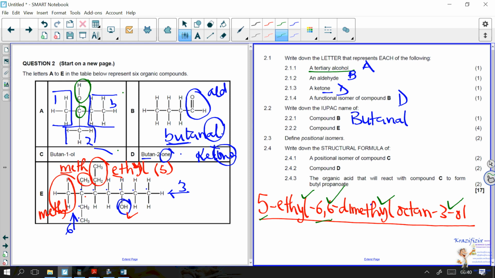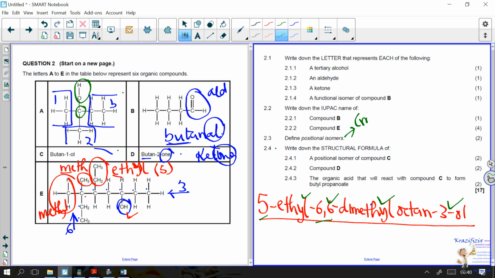Define a positional isomer. We need to learn our definitions. Because I still need this diagram, I'm going to use this page. Define positional isomers. All right, these are what?